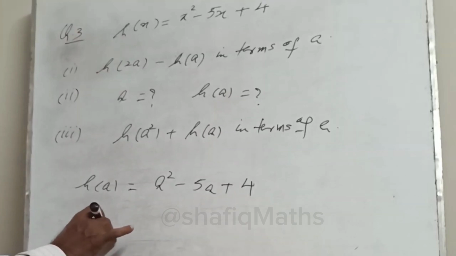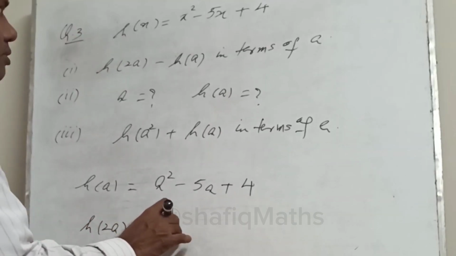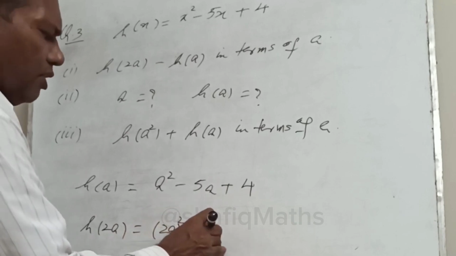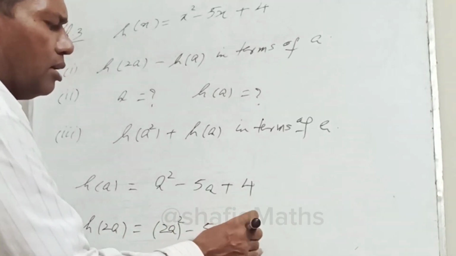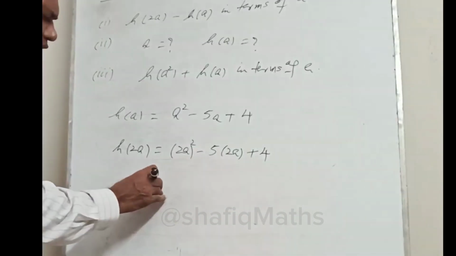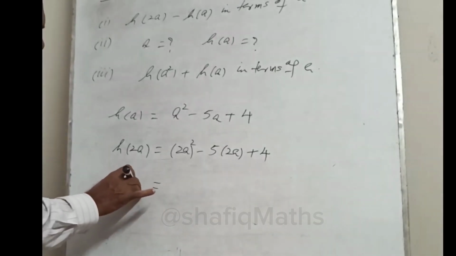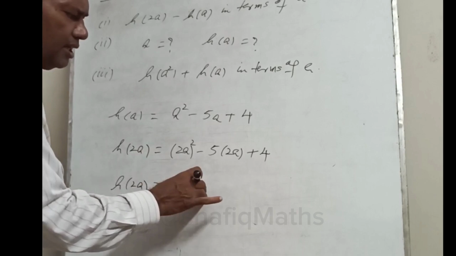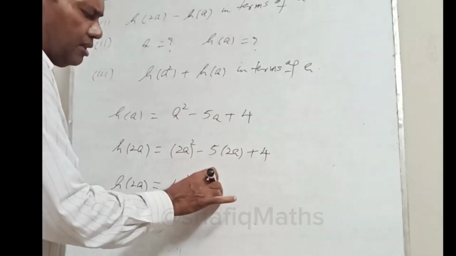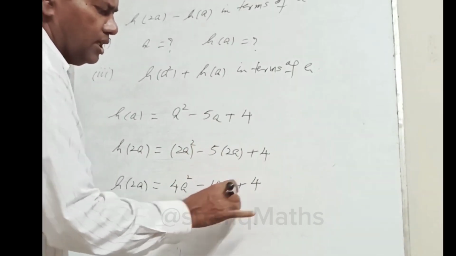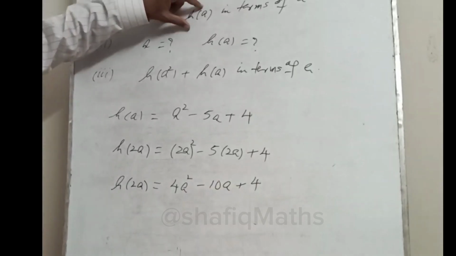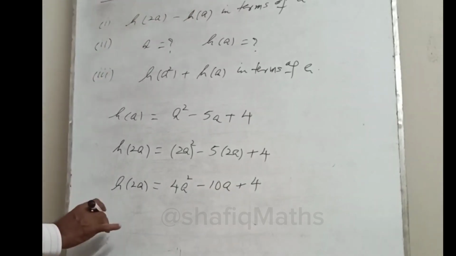So h(2a) will be 2a whole square minus 5 into 2a plus 4. When we do the simplification, 2 square is 4, a square is a square, 5 twos are 10, a plus 4.